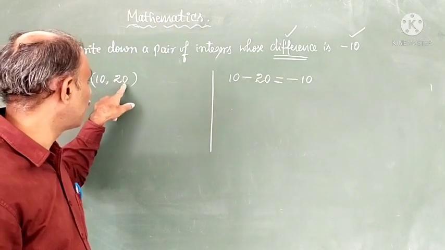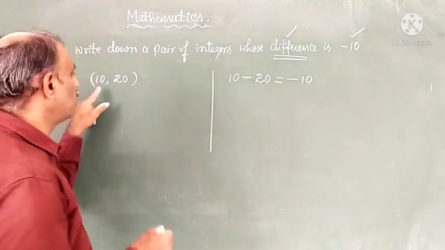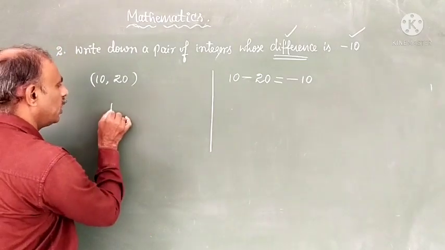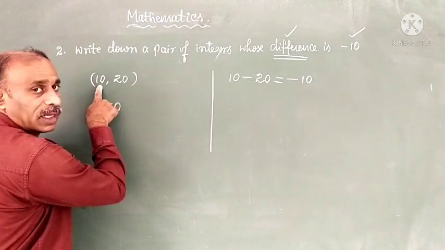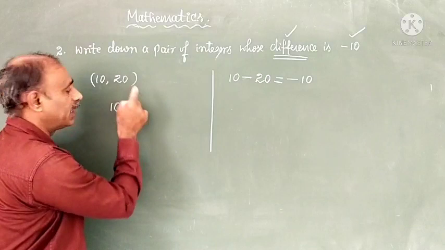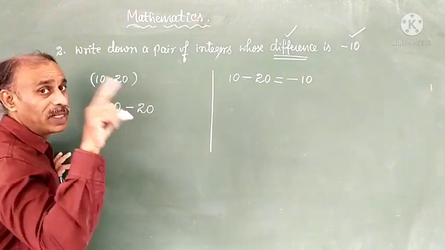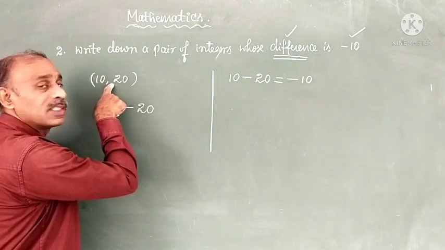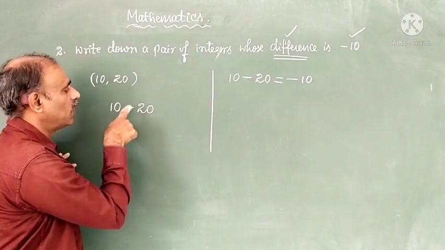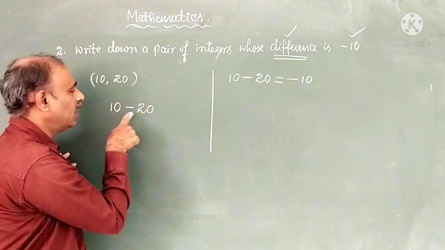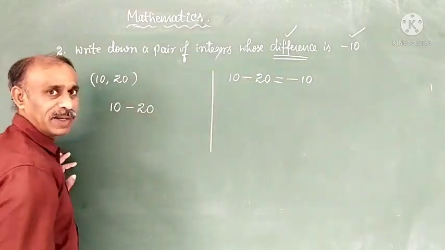So when you are going to subtract, you see 10, first number, then I am subtracting this 20. Right? So while subtracting, this sign is going to change. So 10 minus 20, that is minus 10.